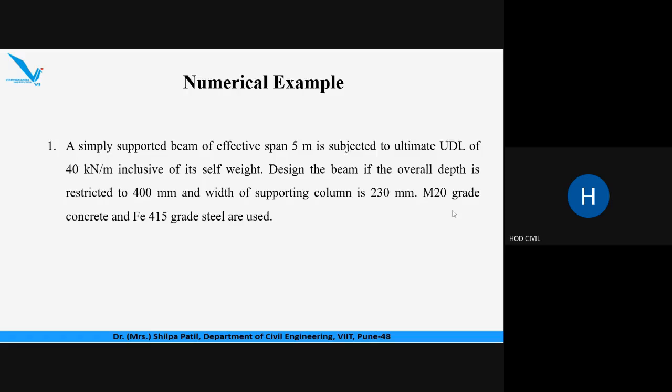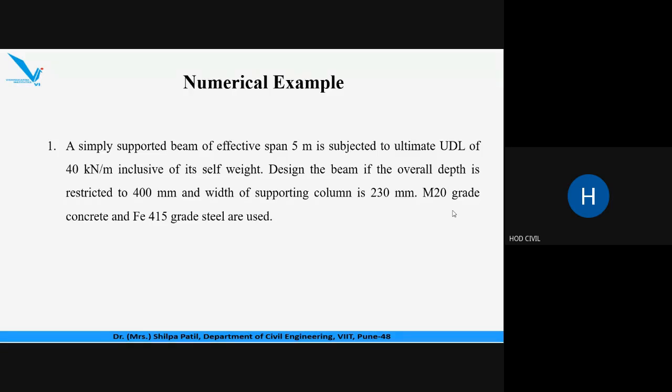But if the depth is restricted, we normally go for a doubly reinforced section, because the total moment acting on a beam can be resisted better when we go on increasing the depth. If we increase the depth of the beam, the moment of resistance of the beam also increases. But here there is a restriction on the depth. So obviously we now have to increase the area of the steel to resist the overall moment acting on the beam. And for that we have to go for the doubly reinforced beam.